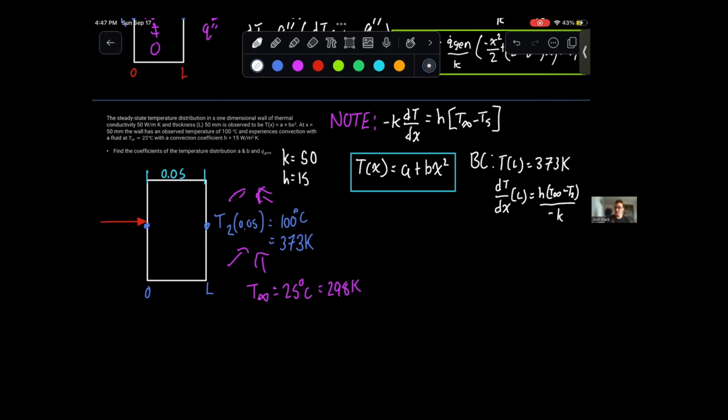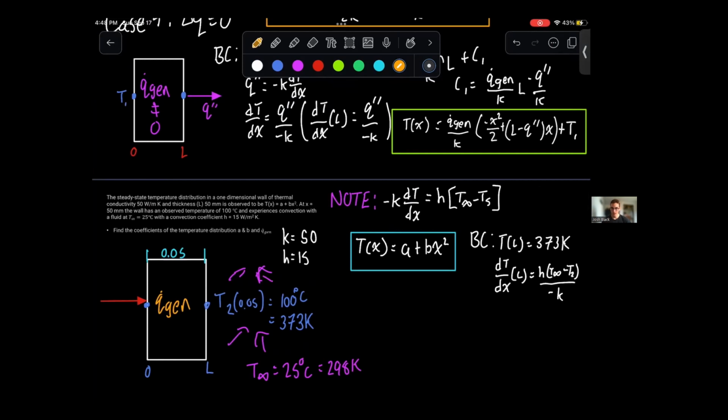Okay, third boundary condition. You don't need it. Good to know, though. So let's take a look at our equation. We have a quadratic. This quadratic is bx squared plus a. That's odd. We know we have Q gen because it's a quadratic, but we only have C2, which is a, and we don't have anything multiplied by x. What does that mean? Well, let's think boundary conditions.